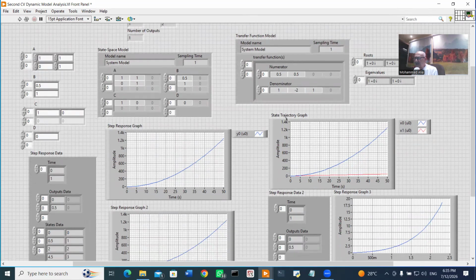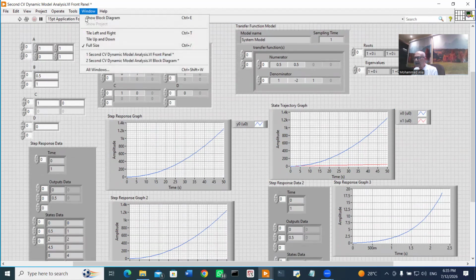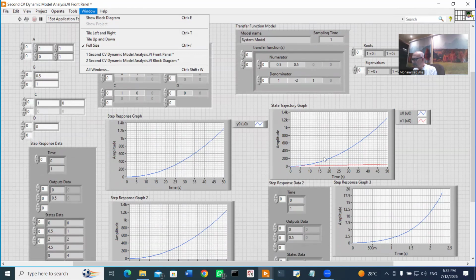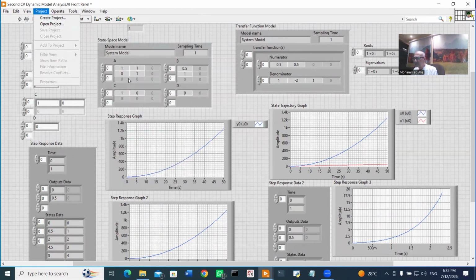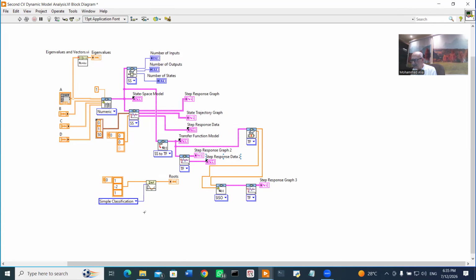Now, let me run the program for you. And now go back and look at the state trajectory graph. Yes, here is the output, the state trajectory graph.